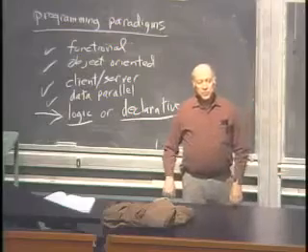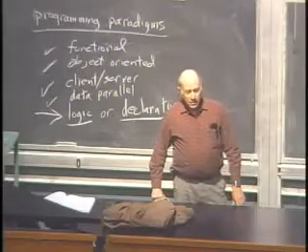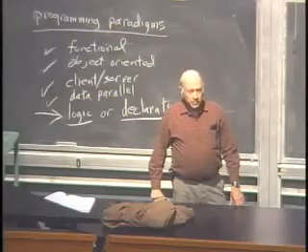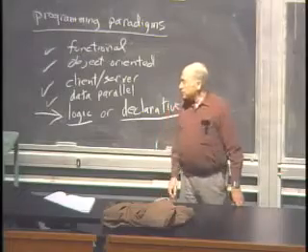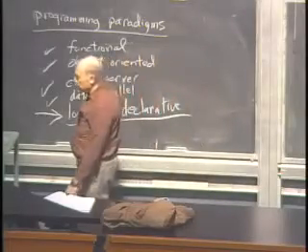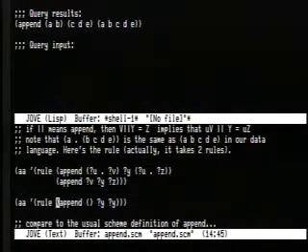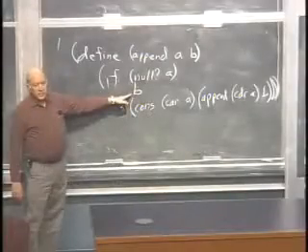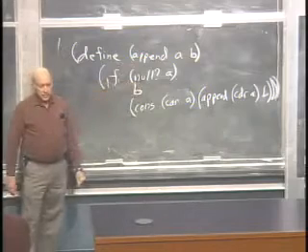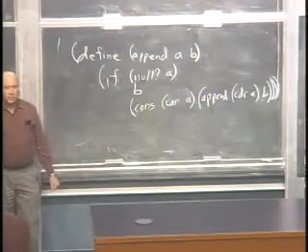It has this notion of succeeding or failing, although the implementation is very different. Okay, so this rule says append empty list anything, that anything is true, and that's like if A is null, then B is the same as the appended value. Questions about that rule?